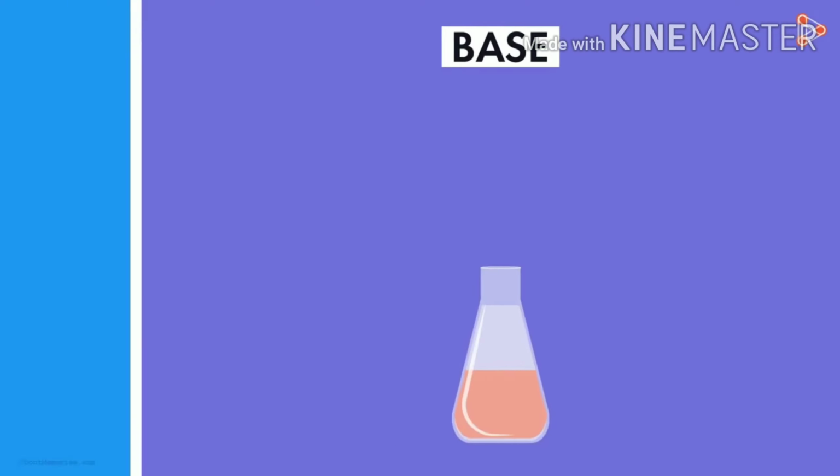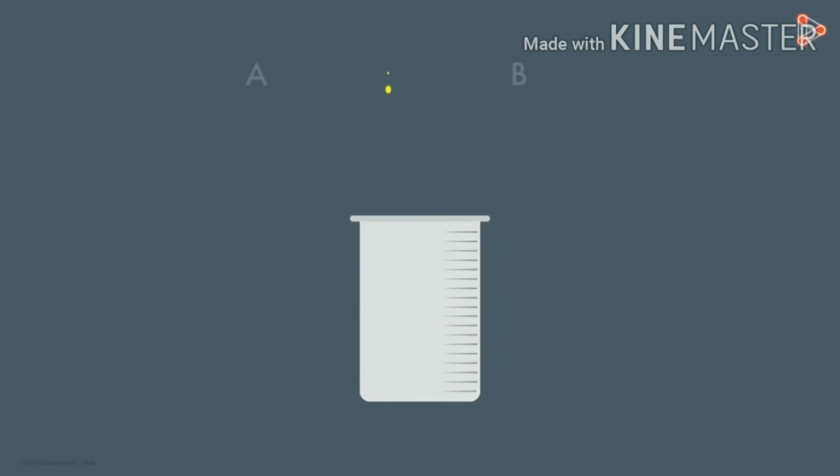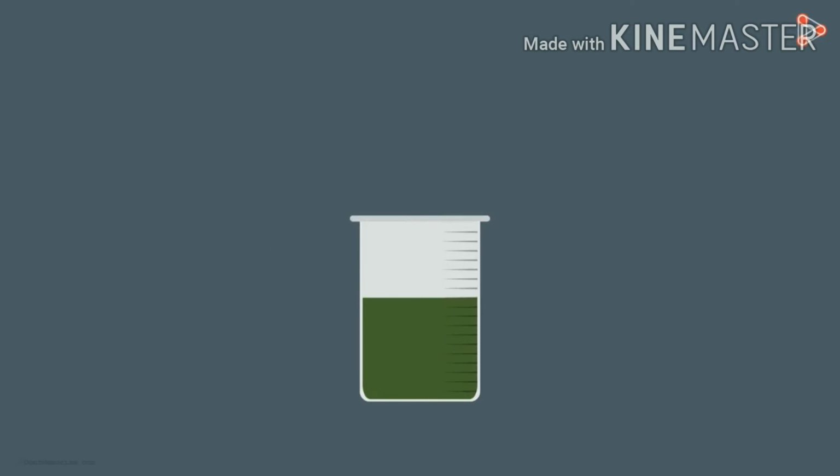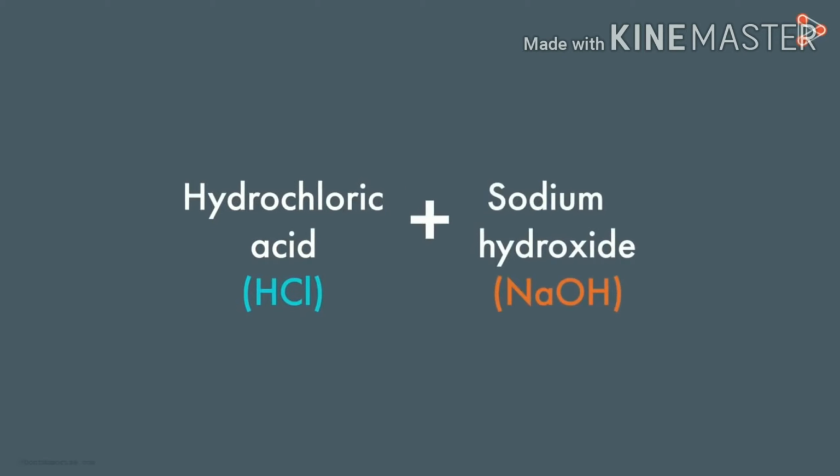This was about acids and bases in general. Now can you tell me what will happen if an acid and an alkali, as in a base, come together? Will the solution explode? Will it give an unexpected reaction? Or something else? Well, it is something that we already know. Imagine we mix a strong acid like hydrochloric acid with a strong base like sodium hydroxide.